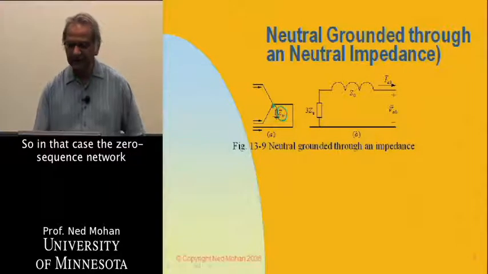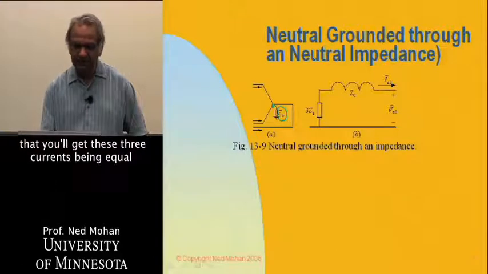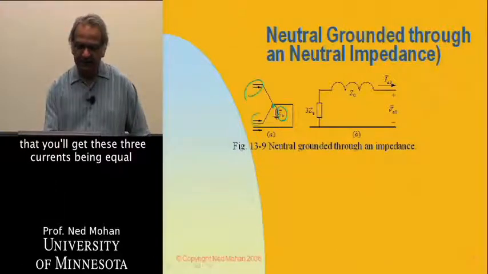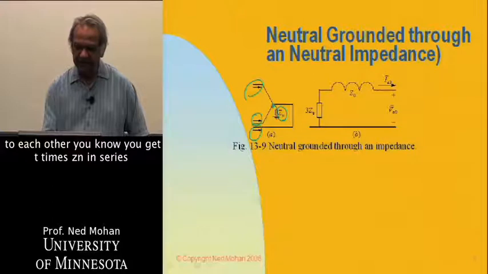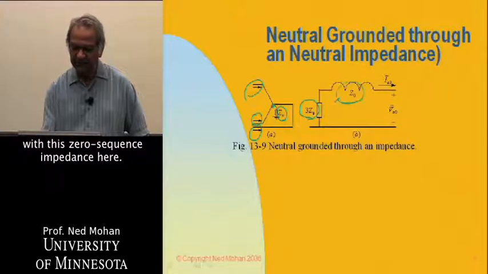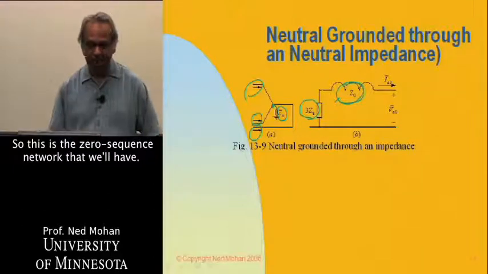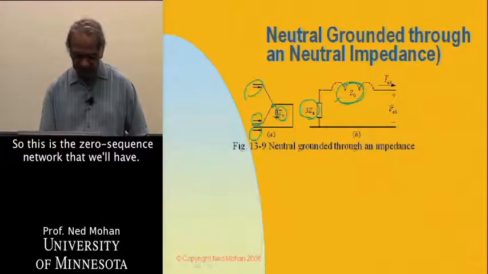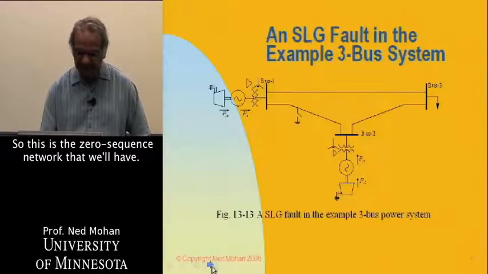In that case, the zero sequence network that you will get, with these three currents being equal to each other, has 3 times Zn in series with this zero sequence impedance. So this is the zero sequence network that we will have.